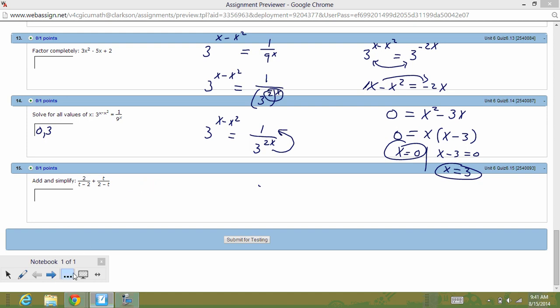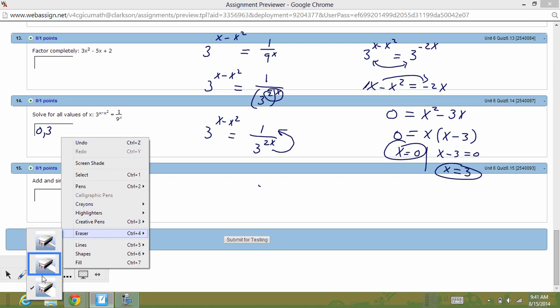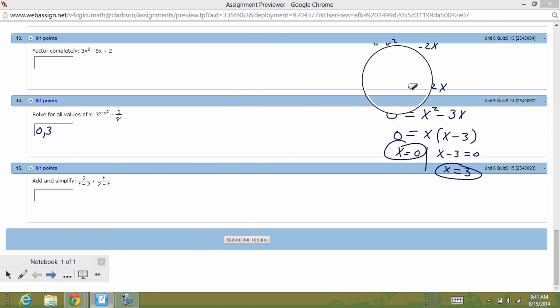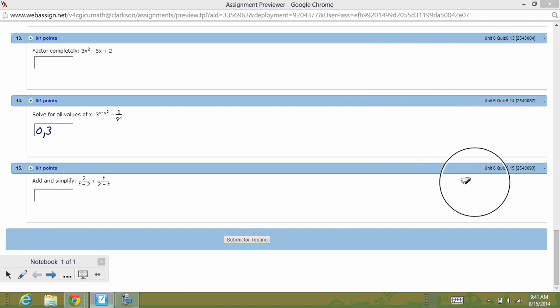All right. On to the last one, number 15. And it's a question from the second unit dealing with rational expressions. And we've got 2 over t minus 2 plus t over 2 minus t.